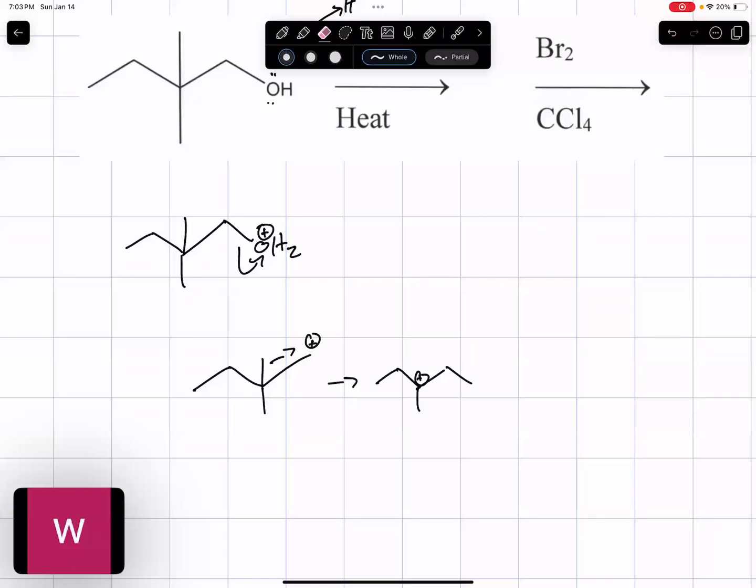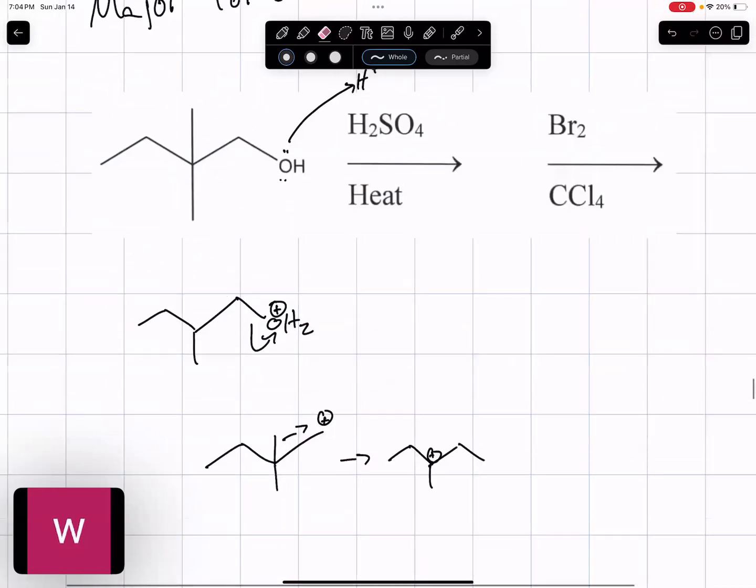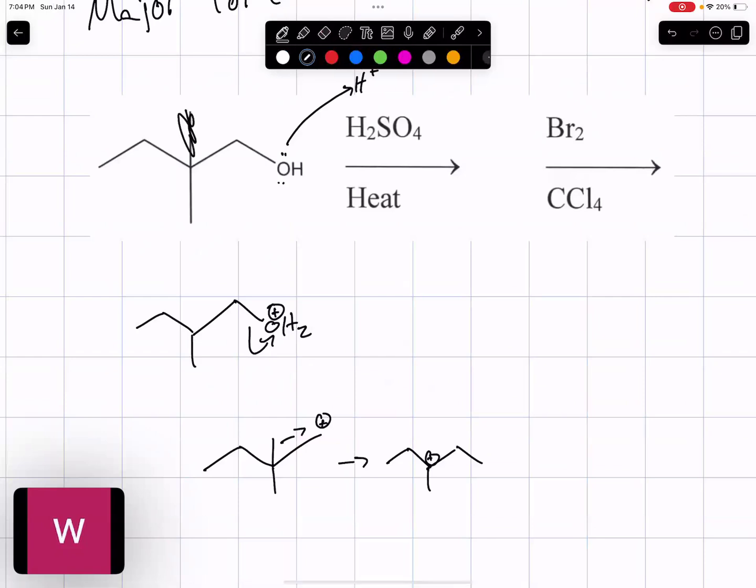If there was no methyl on the top, would we create a hydrogen there and then shift it? If there was a methyl here, you're saying? If there wasn't a methyl on the top. Am I understanding you correctly? Let's say there wasn't a methyl at this position.